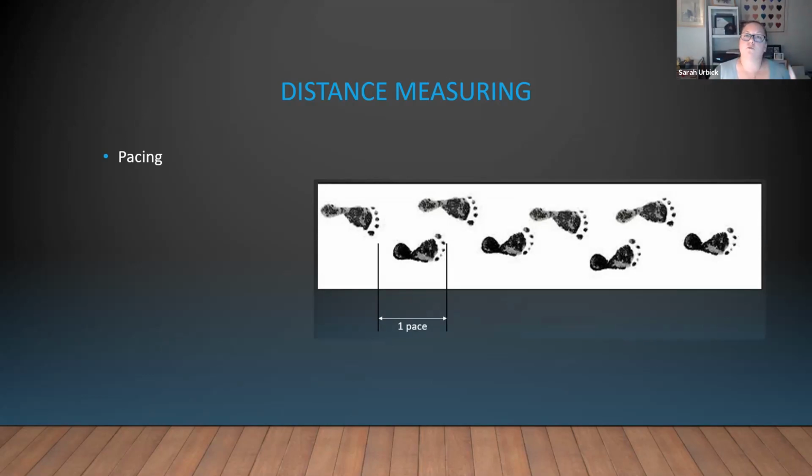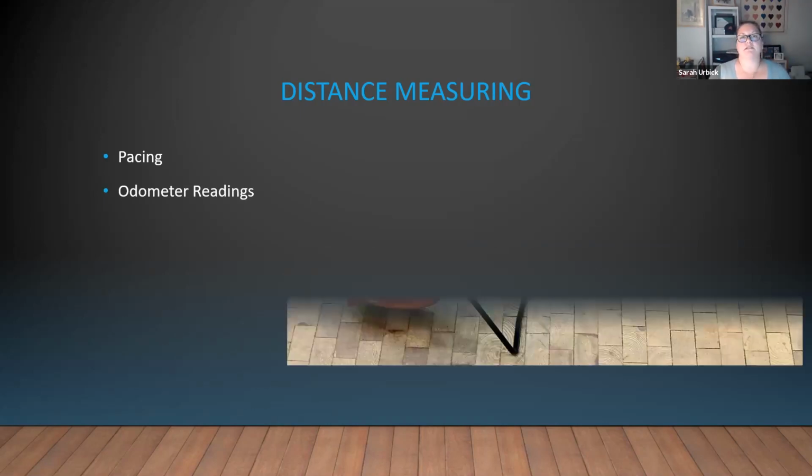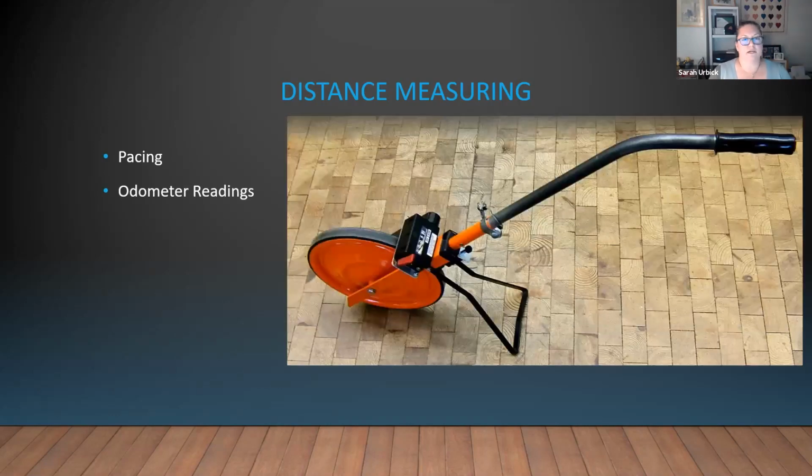So pacing is one way to gather a distance measure. Odometer readings. Odometers are not just for your car, right? There are wheeled devices, looks like a little cane with a wheel on a stick, and you walk it.